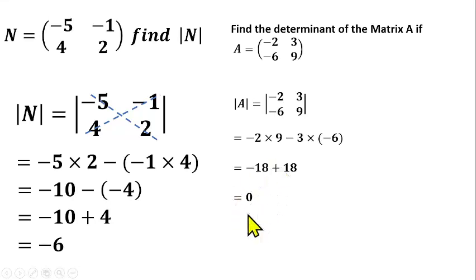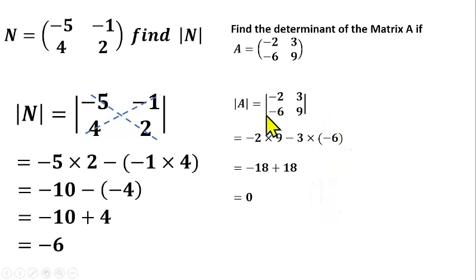So this is another type of matrix that we did not discuss at the beginning under the types of matrix, and that is a singular matrix. A singular matrix is a matrix that has its determinant equal to what? 0. So any matrix whose determinant is equal to 0 is called a singular matrix.